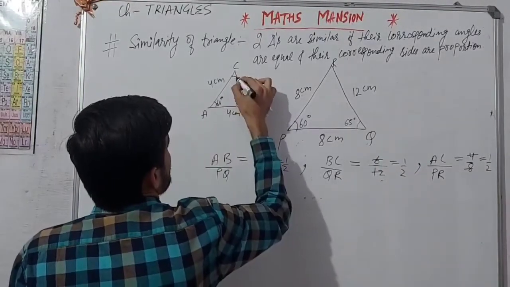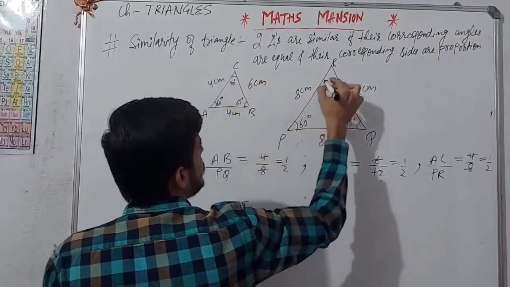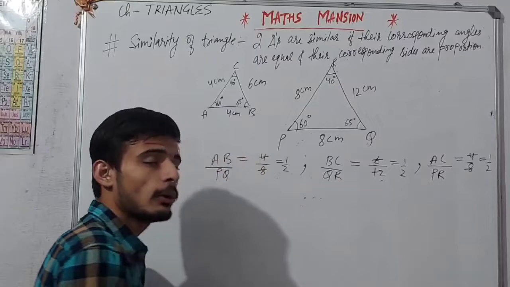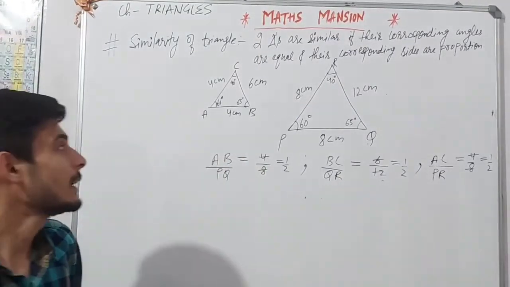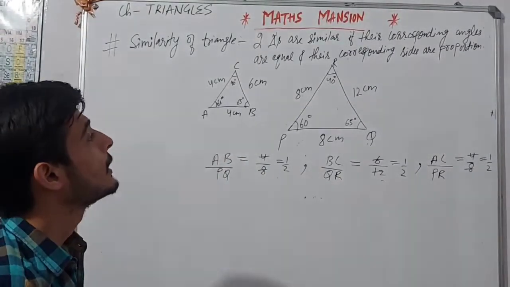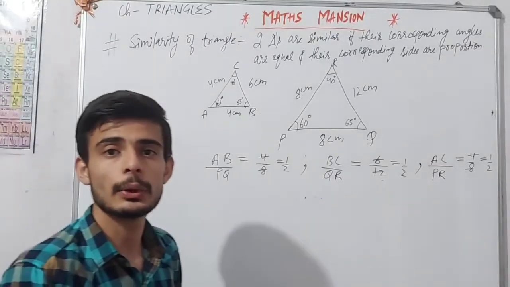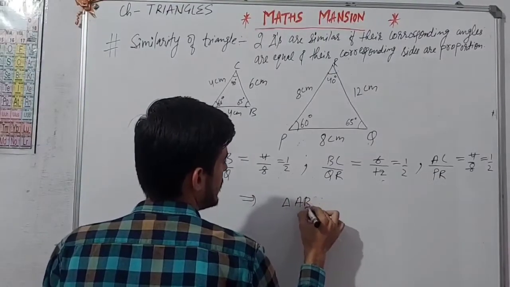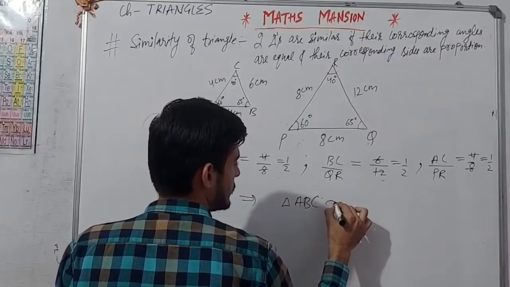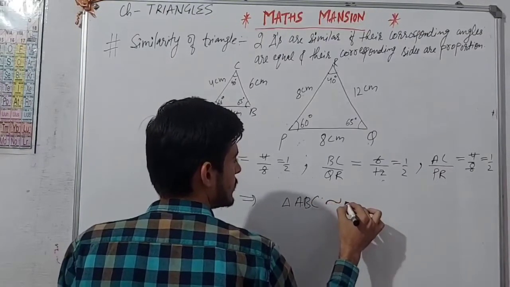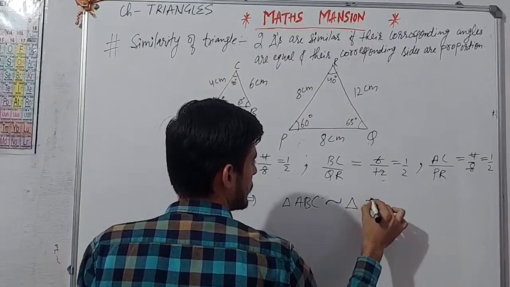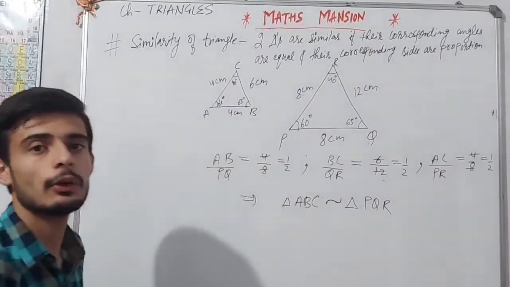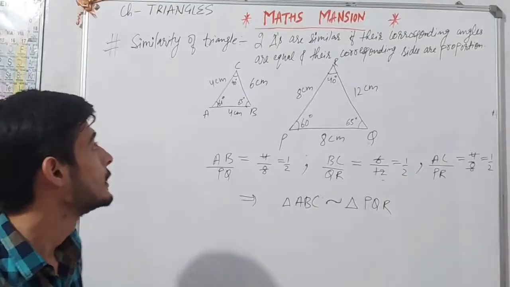If I say angle is 40 degrees, then here also angle R should be 40 degrees. Then only we can say that triangle ABC is similar to triangle PQR. Symbolically, we can write it as triangle ABC is similar to triangle PQR. This is the symbol of similarity of two triangles.